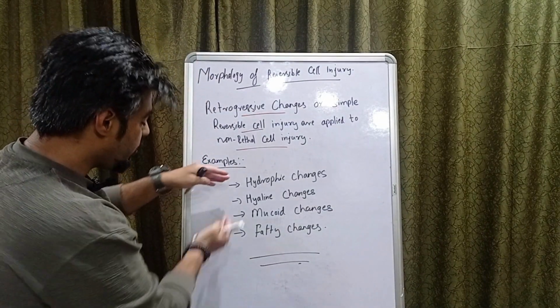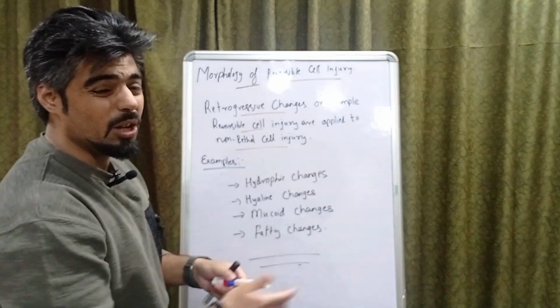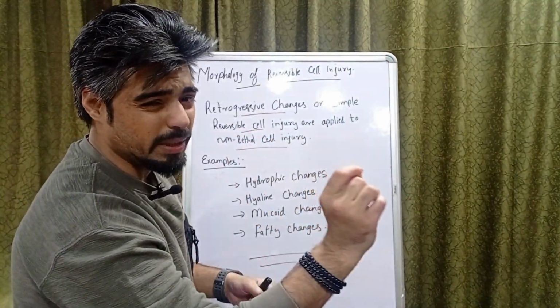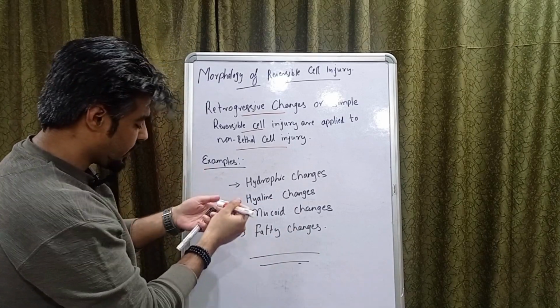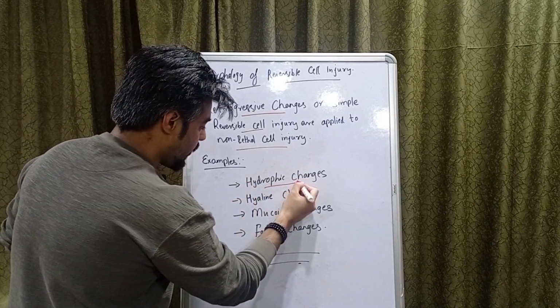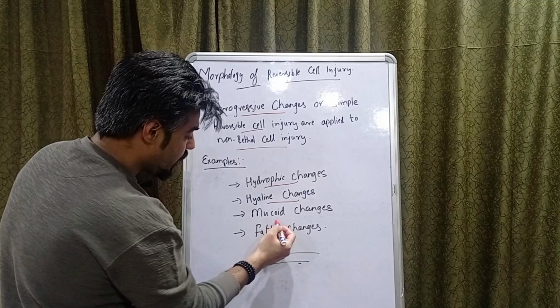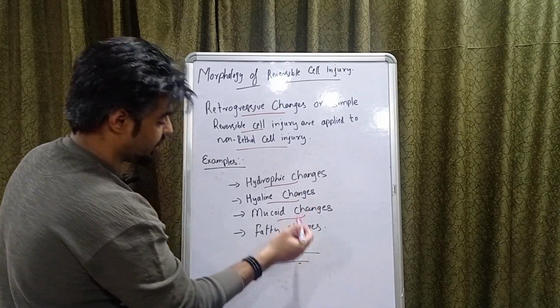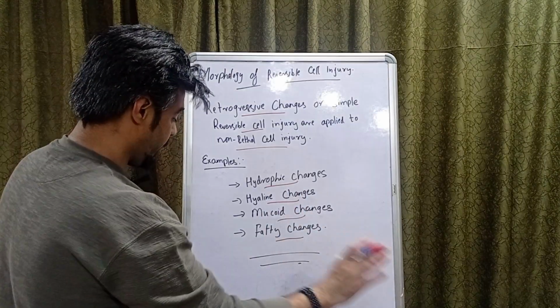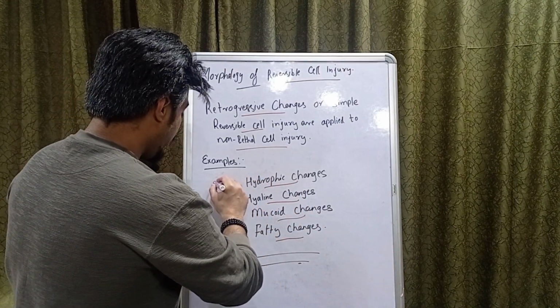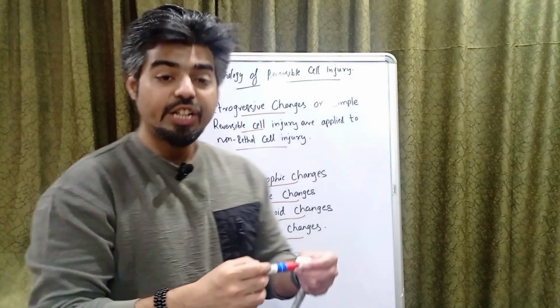We will understand it using these examples, in brief. The examples are hydropic changes, hyaline changes, mucoid changes, and fatty changes. I'm just going to explain two or three, not more than that. So first of all we will go with hydropic changes.